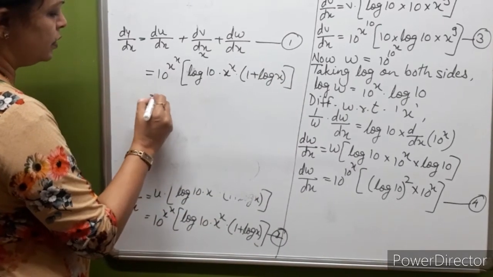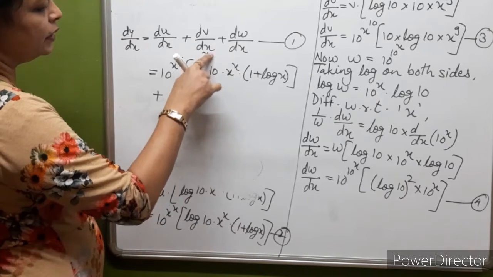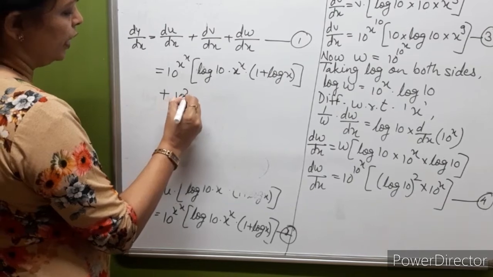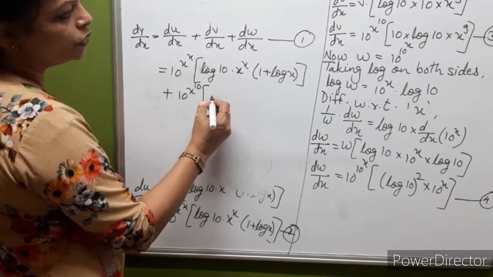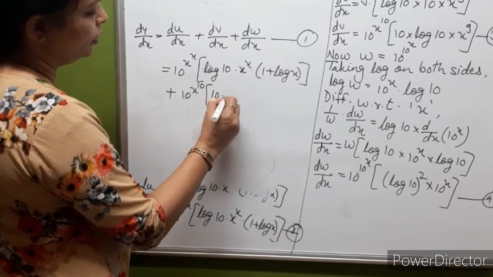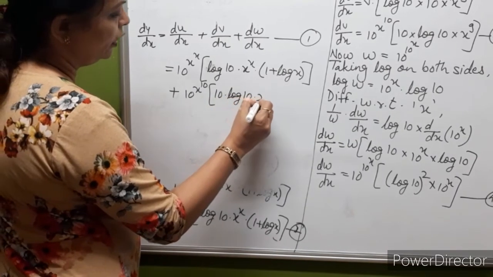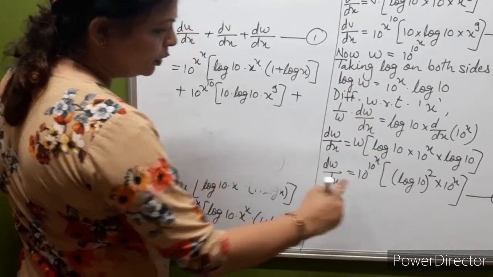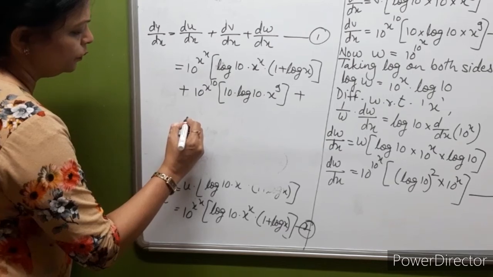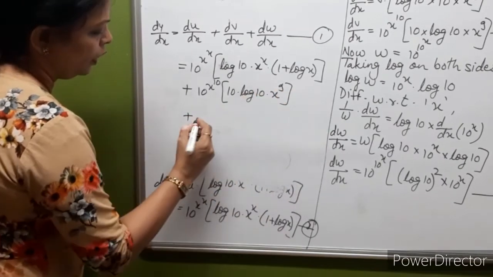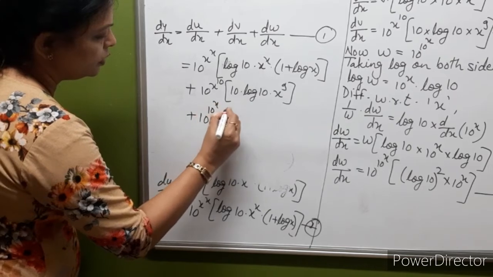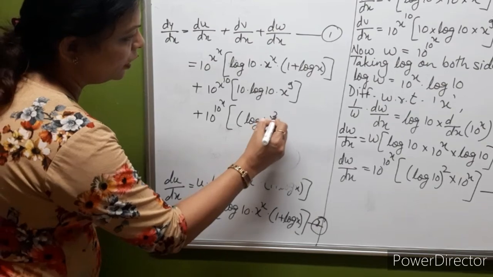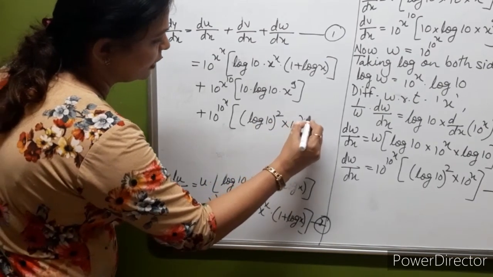Correct? Plus dv by dx. What is dv by dx? 10 raised to x raised to 10 into 10 into log 10 into x raised to 9 plus, now dw, 10 raised to x raised to x into log 10 the whole square into 10 raised to x.